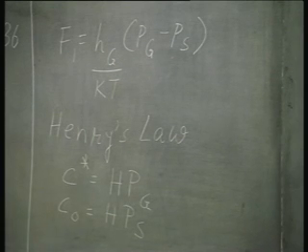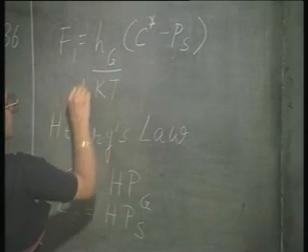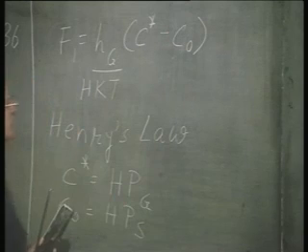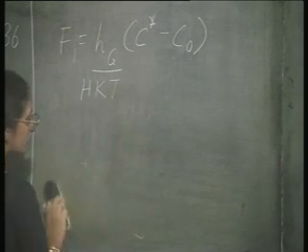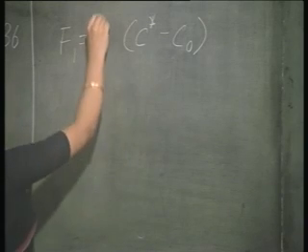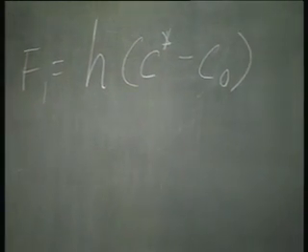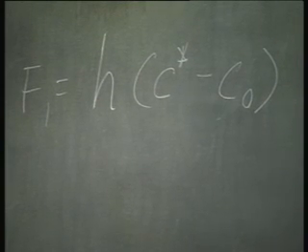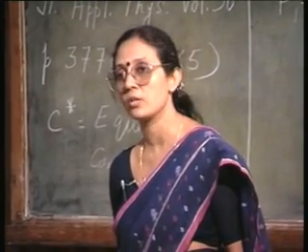So, what I can do is I can replace Pg by C star and Ps by C naught, right, and in order to simplify matters further, let me use a constant H. In other words, I have related the flux F1 to the equilibrium concentration of the oxidizing species and the concentration of the oxidizing species at the outer surface of the oxide.